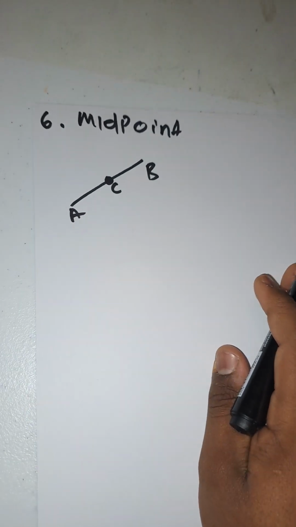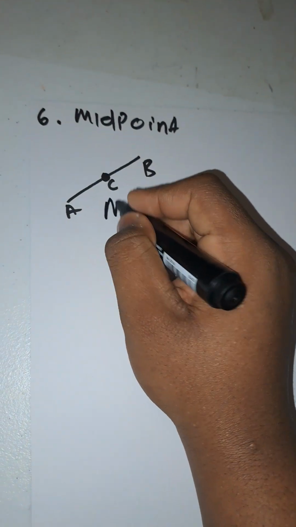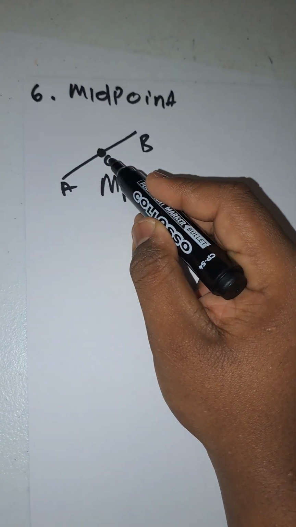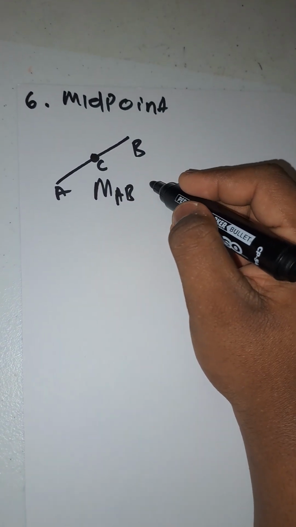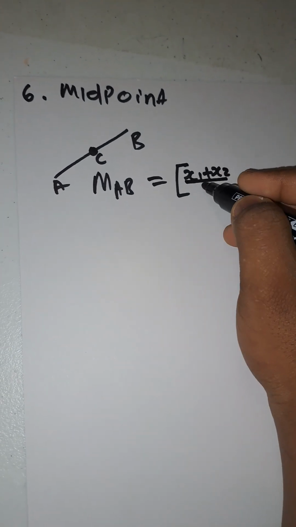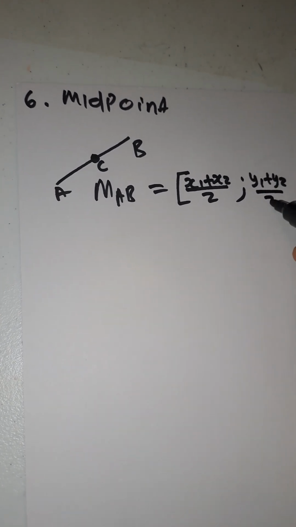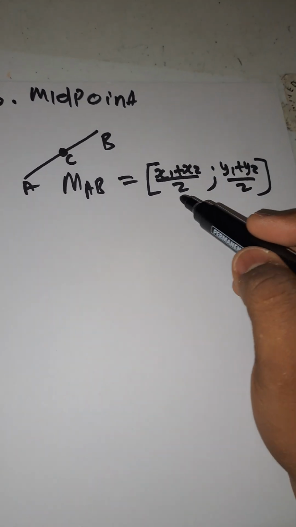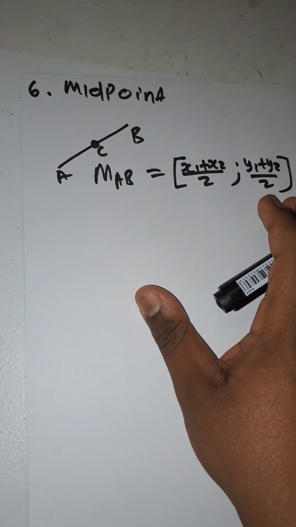It is given by an equation: the midpoint of AB, which is C, equals (x1 plus x2 over 2, y1 plus y2 over 2), done. When you are calculating your midpoint, always make sure to keep your things in brackets so that you can find your answer directly.